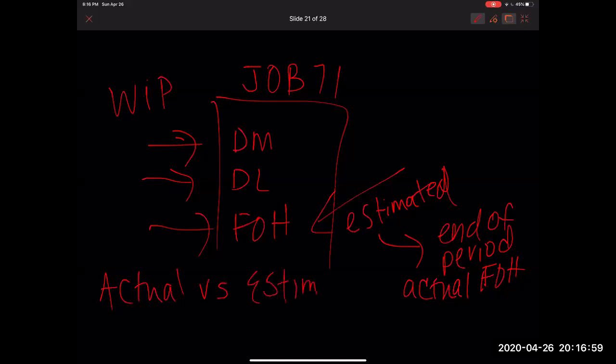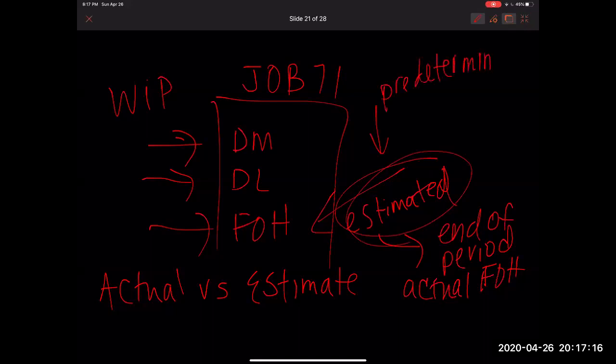When we come up with a job, product costing, and product pricing, and as it accumulates costs through the process, this is all using the estimated or predetermined rate. When the dust settles at the end of the period, we do a comparison between actual versus estimate, and now we're talking about what to do when that happens.